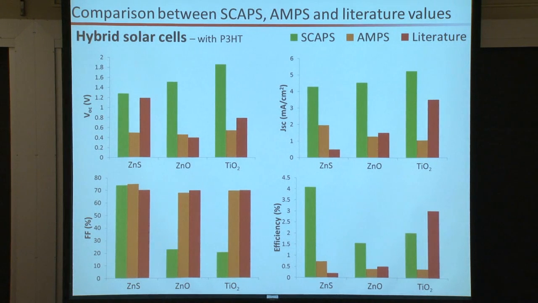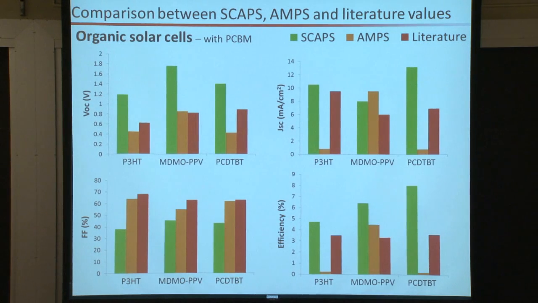We also have to note that we're expecting lower performance from our simulations than the literature, because usually in literature, the values are reported for bulk heterojunctions, a mixture of the two materials, while in the simulation we use only flat bilayer heterojunctions. Here we can see that we obtain very low fill factors from SCAPS and very high efficiencies. That's the main discrepancy.